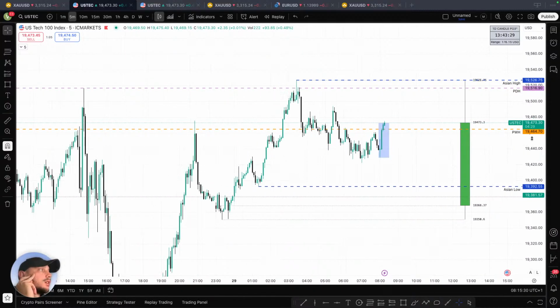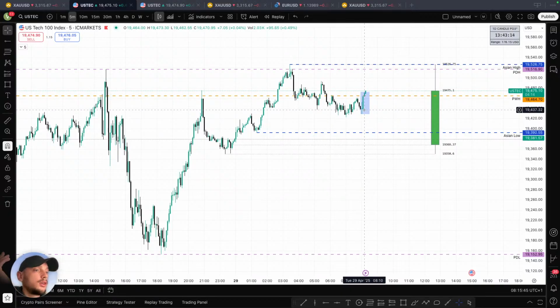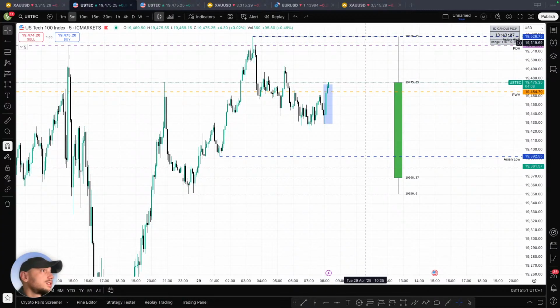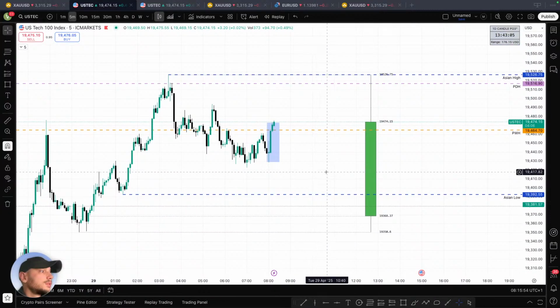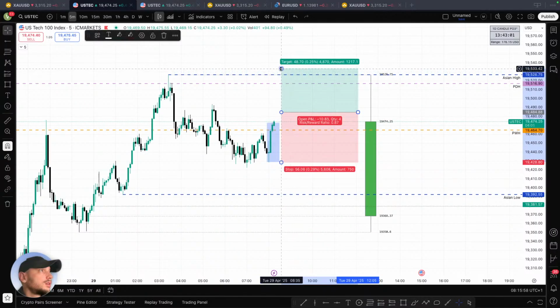What is my logic? For the day, we're trending up. We took the previous weekly high, retracement, up. We took the previous day high, retracement. And now, logically, we're going to go up, at least until we take the Asian high. So if we break above, ideally it's going to look like this.